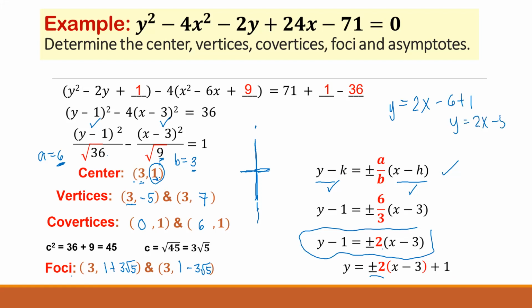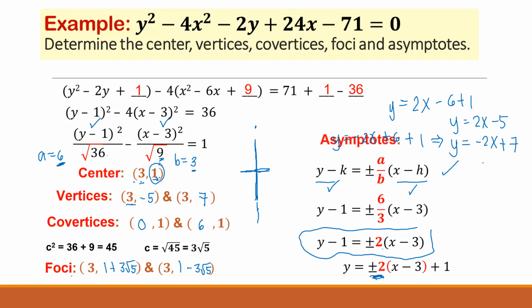This is the slope-intercept form. So ito yung asymptote 1. For the negative naman, if you consider the negative slope, negative 2, dalawa yung ating asymptotes, right? Negative 2x plus 6 plus 1. So that means we have y equals negative 2x plus 7. Okay, so that's it.